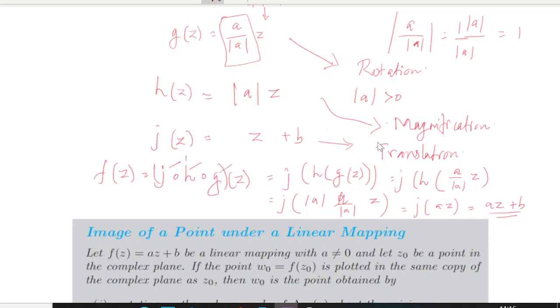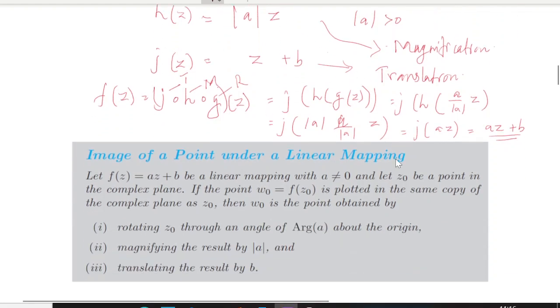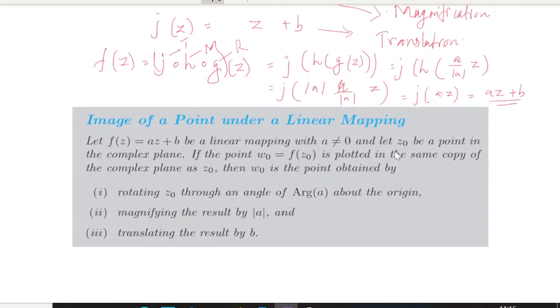So this is translation, magnification and rotation. That means any linear complex map can be expressed as a composition of translation, magnification and rotation.